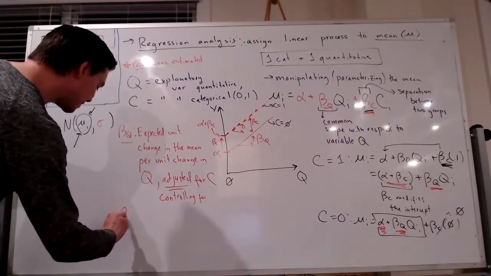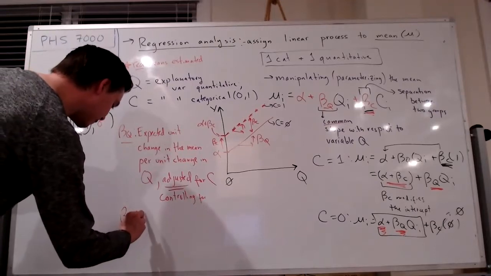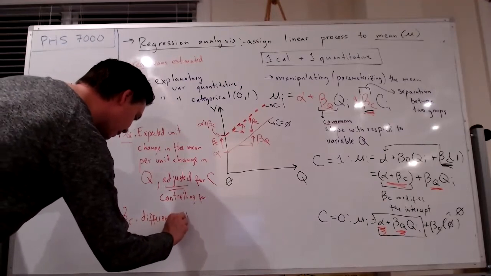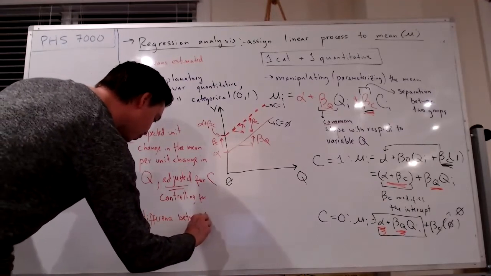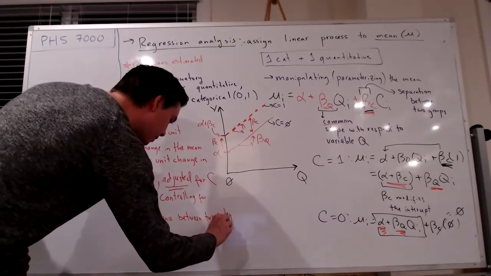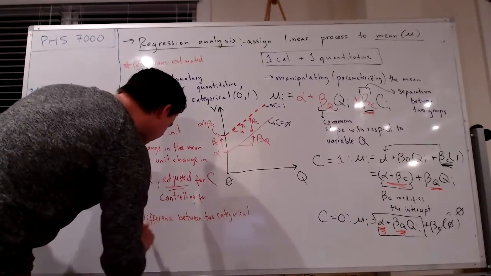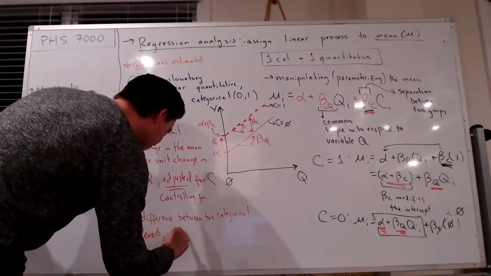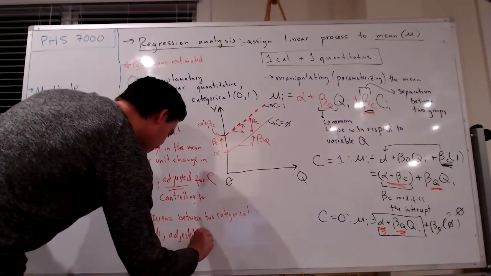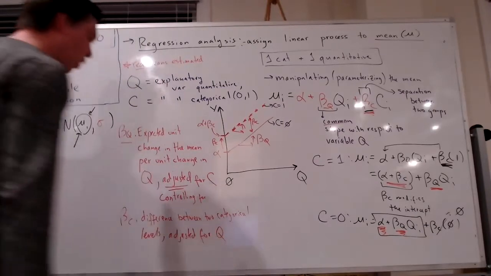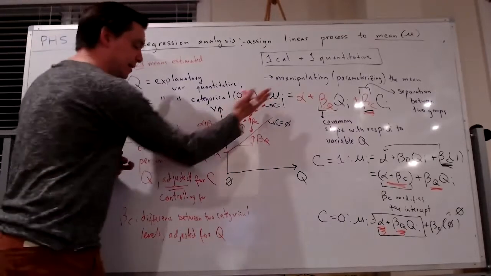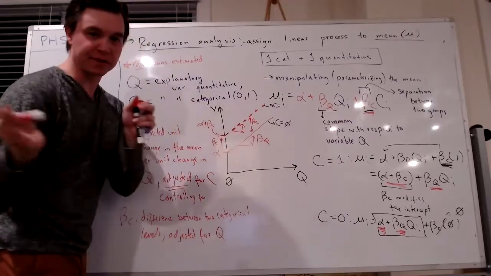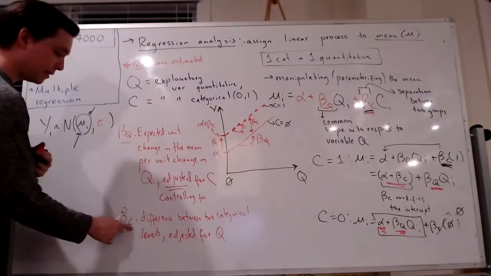You will say that beta C is the difference between our two categorical levels adjusted for whatever your quantitative variable is. And you can see that the slope is common, but the two lines are just forever separated by this beta coefficient.